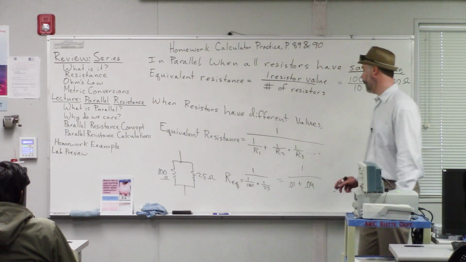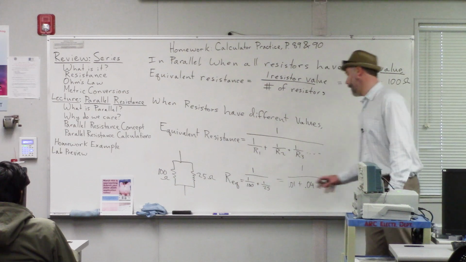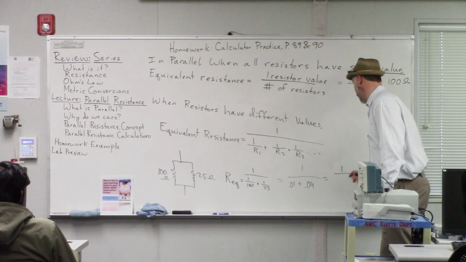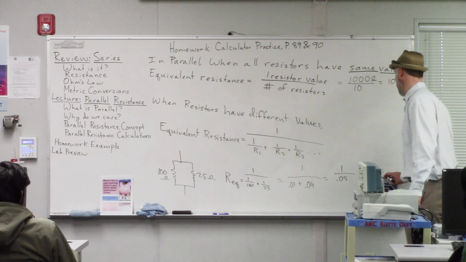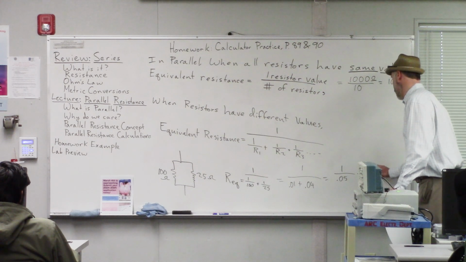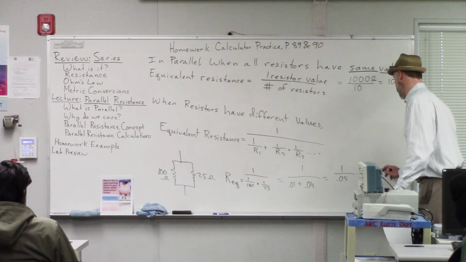Okay? If we add these together, that's 1 over 0.05. And if we do that division, we see that that is 20 ohms.